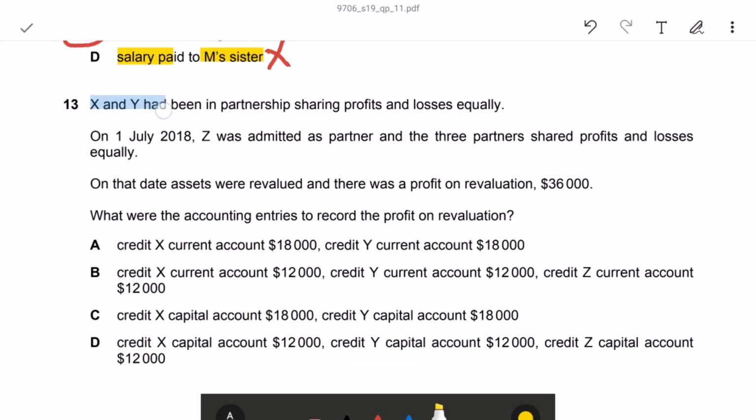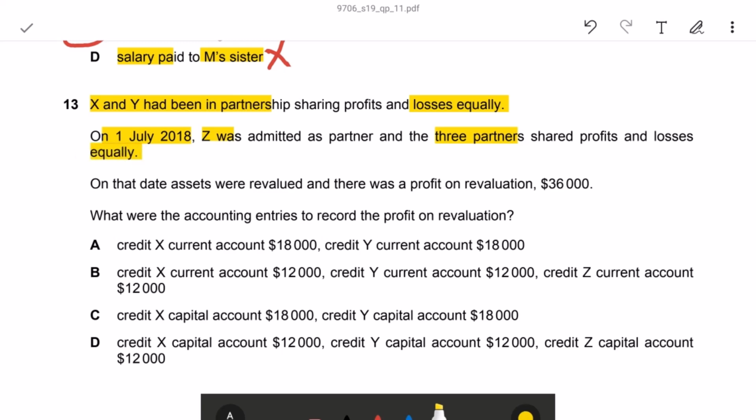Next. X and Y had been in partnership. They are sharing profit and losses equally. On 1st July 2018, Z was admitted as a partner and the three partners are sharing profit and losses equally.